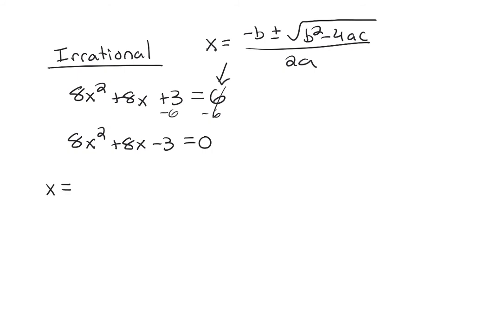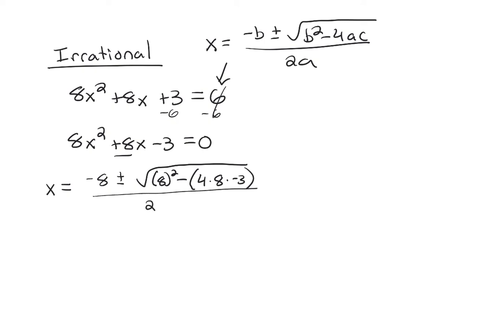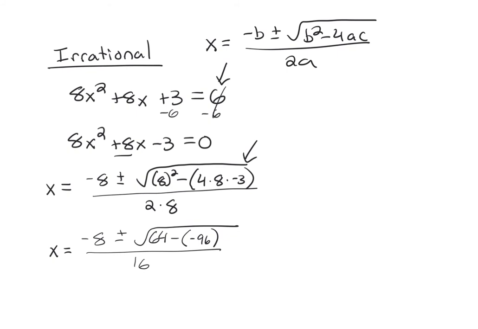x equals the opposite of b, so negative 8 plus or minus the square root of 8 squared minus 4 times 8 times negative 3, all over 2 times 8. x equals, I'm going to break down just the square root here, so negative 8 plus or minus the square root. 8 squared is 64 minus 4 times 8 times negative 3 is negative 96, all over 16.